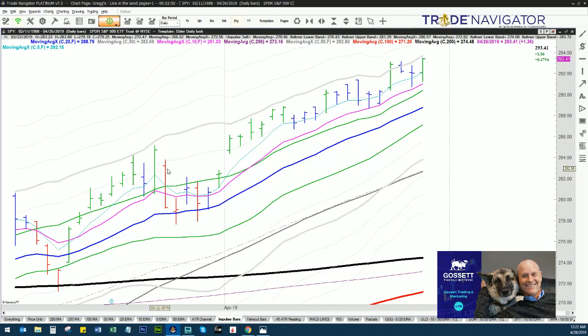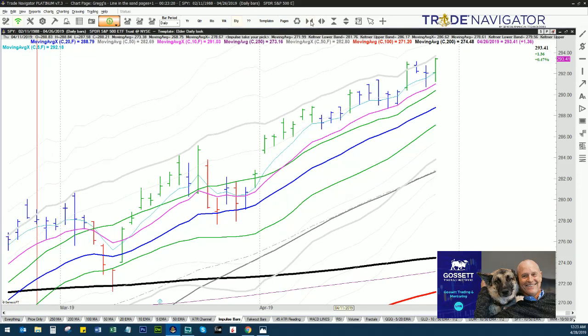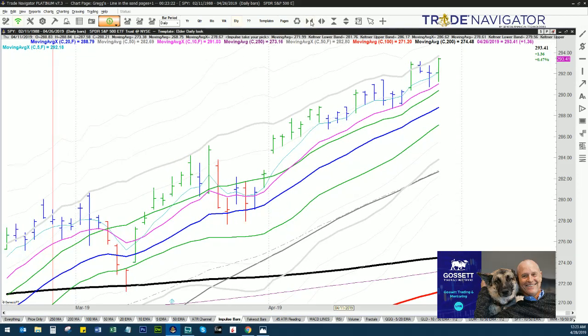So Dr. Elder generally will not take a trade unless the bar is either blue or green, because he knows that the slope is upwards or that the MACD bar is higher than the previous. I know that's a little hard to explain, but the easy way to use these bars is, the way he does is, it's a filter.